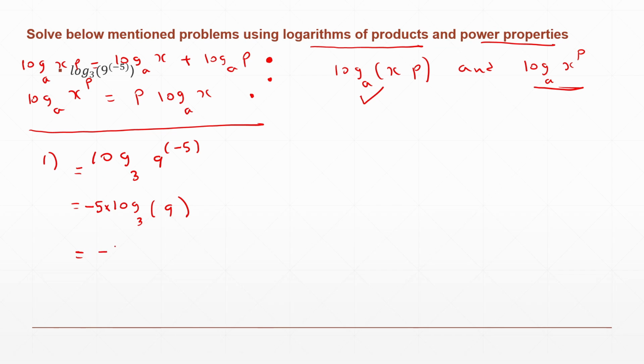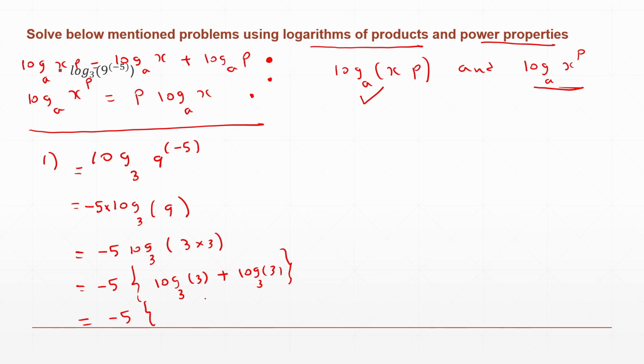So we can then write log 3 of 9 like this, 3 times 3. Now we need to apply the logarithm of products in this logarithm function. How can we apply that? Log 3 of 3 plus log 3 of 3, here minus 5.